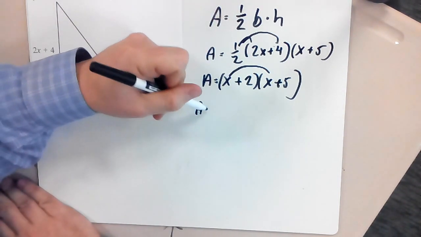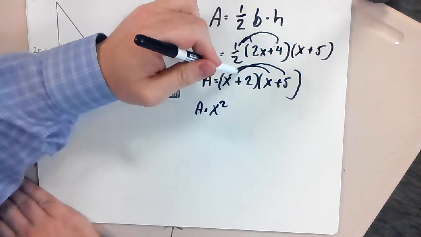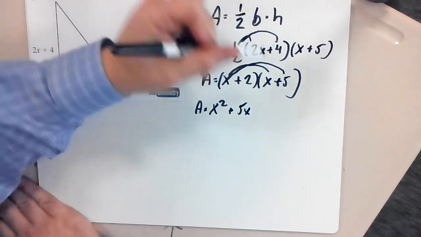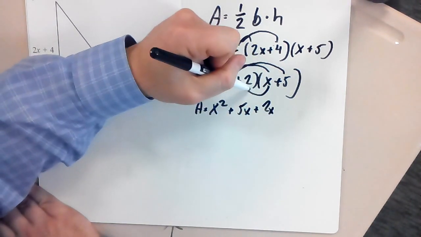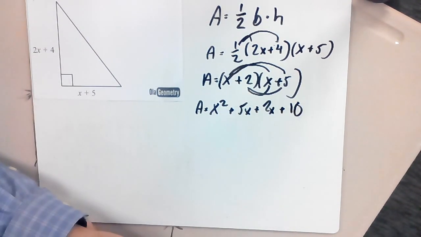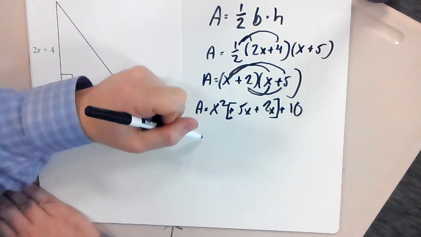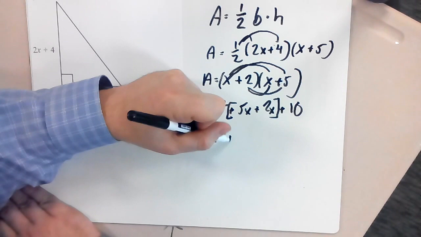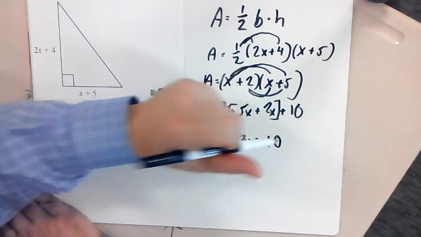So that's A equals x squared plus 5x plus 2x plus 10. Now I combine like terms here. I get A equals x squared plus 7x plus 10.